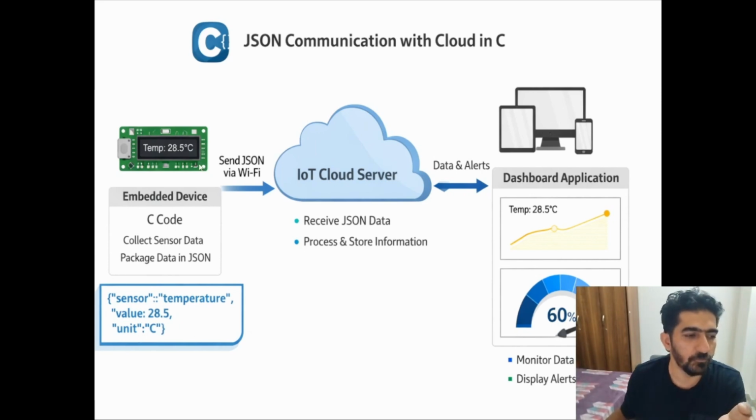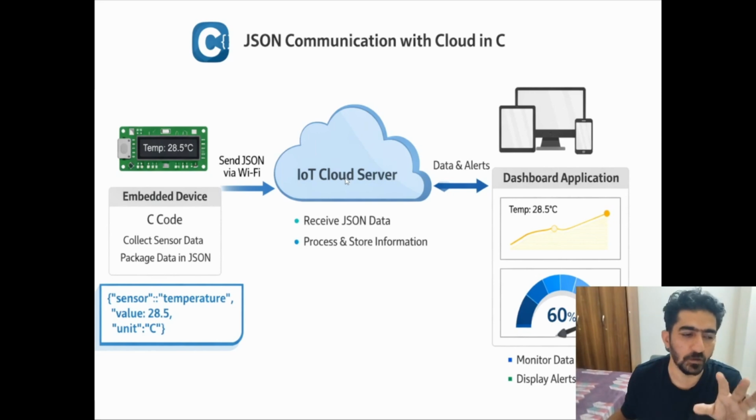And we are sending this JSON data via Wi-Fi to a cloud server. Your IoT cloud server will receive the JSON data, process and store it, and then give an alert for the data to the dashboard, and it's shown here on the display. So this is very simple communication, and using JSON, we are doing this communication with the cloud.